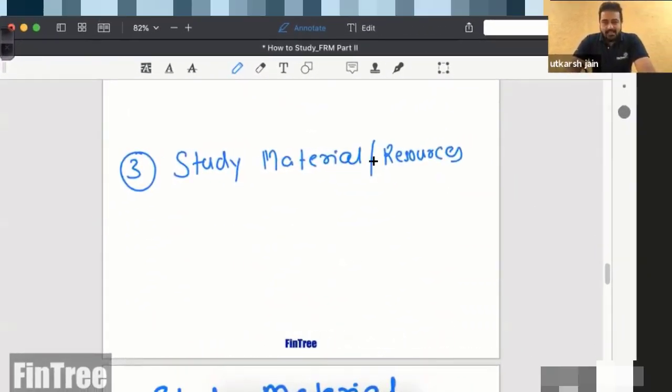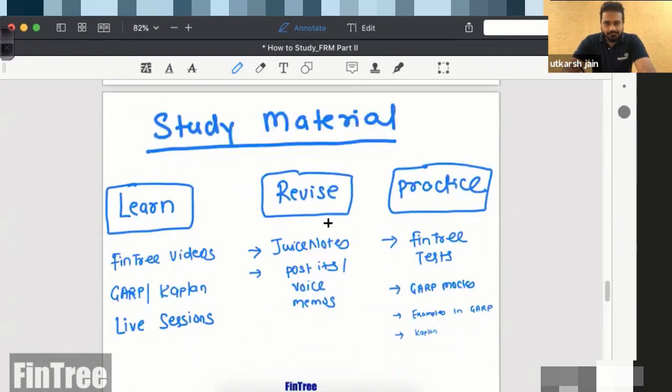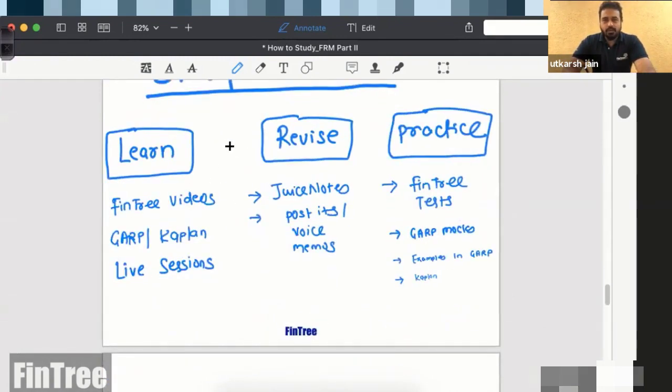Then next point of discussion is going to be what study material to use, what resources to make use of. So I've again broken down your learning process into three parts: learning or acquiring the knowledge, and then revision, and then practice.